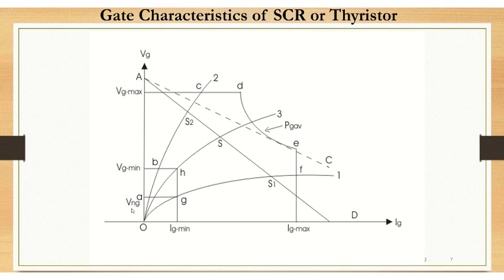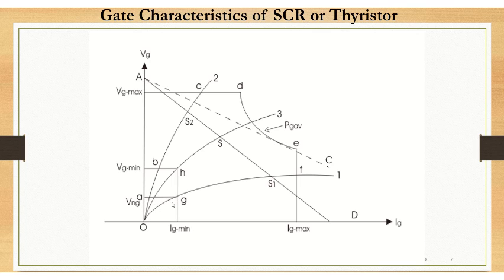As I mentioned, the manufacturer will specify all these ranges, that is the maximum gate voltage that can be applied, the maximum gate current that can be applied to the gate terminal, the minimum gate voltage and the minimum gate current, and the minimum gate non-triggering voltage will also be specified. So this is the range, the OAG range, of the voltage and the current here.